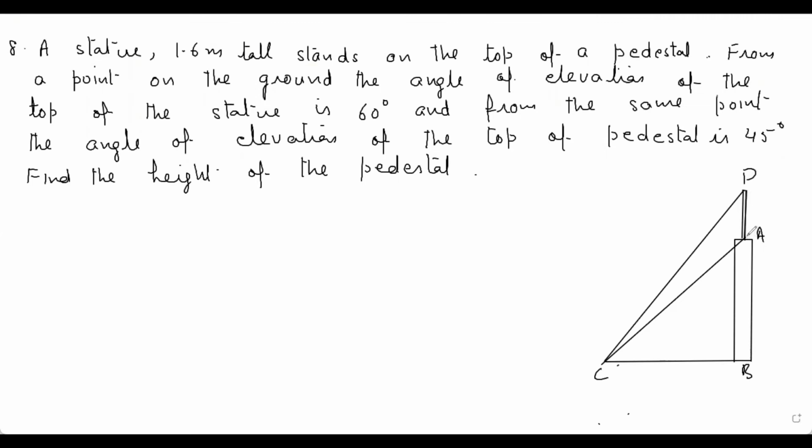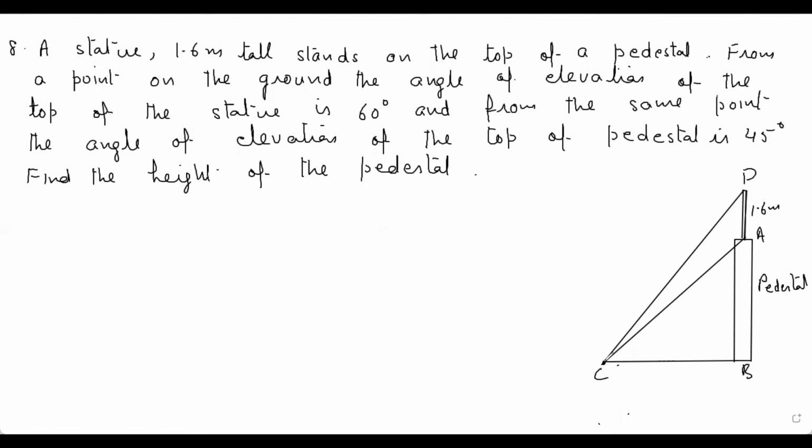Now AD is a statue, which is 1.6 meters tall. This statue stands on this pedestal. AB is the pedestal. And C is a point on the ground.